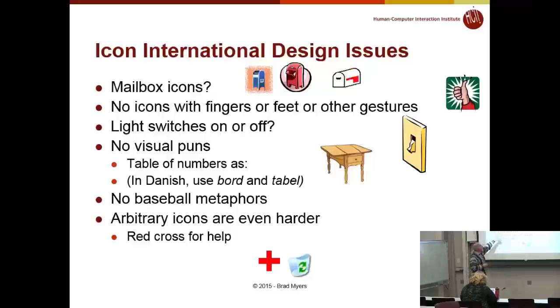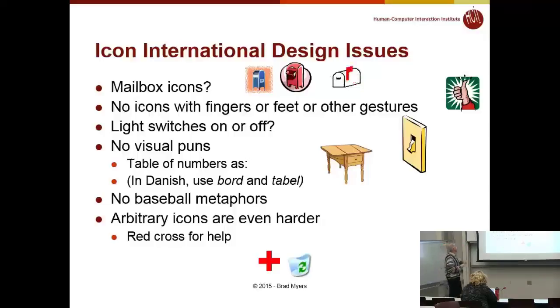Another thing to avoid are things like visual puns. So this is a table. Everyone in America in English-speaking languages would understand that's a table. But the word table is also, of course, used for spreadsheets. So you might imagine that might be a good icon to use to mean spreadsheet tables. But in other languages, that's actually not true.